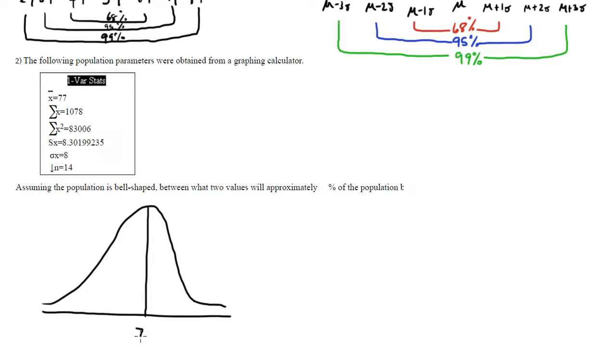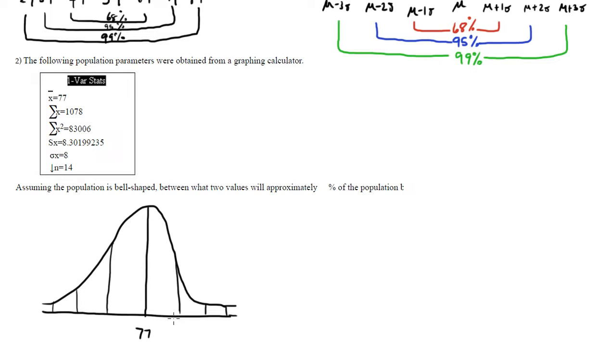So my mean is 77. We'll go 1 standard deviation, 2 standard deviations, 3 standard deviations. I know this drawing is not to scale. So our standard deviation here is 8.